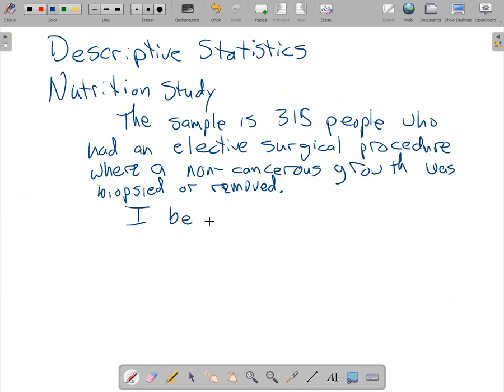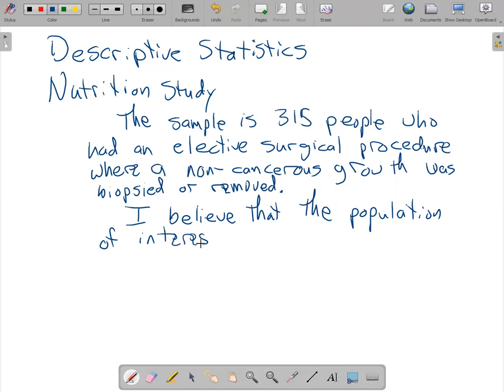So I believe that the population of interest is all humans, all people. And since they didn't specifically state it, it's debatable.